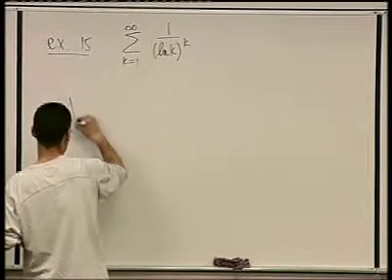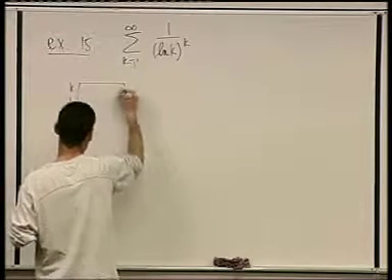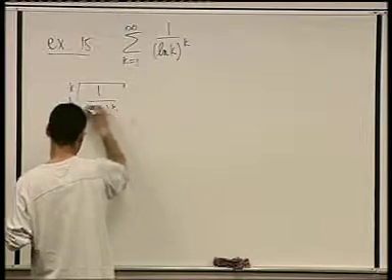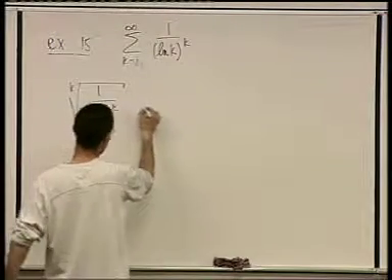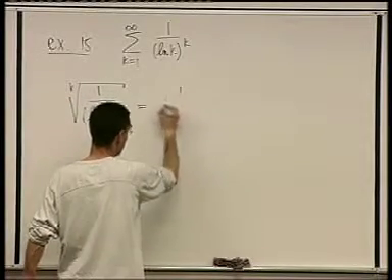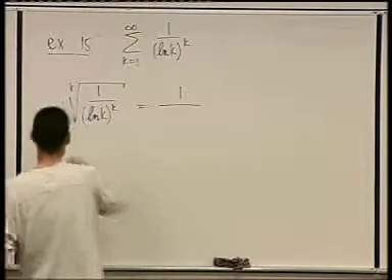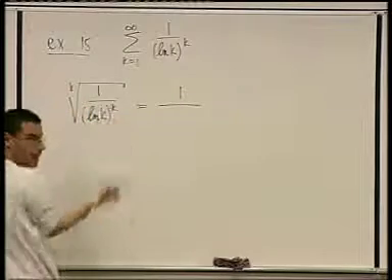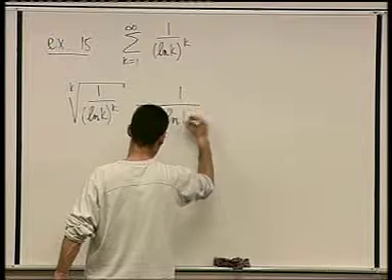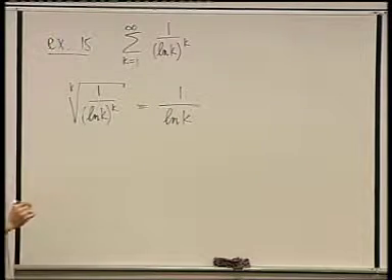So the kth root of 1 over ln of k to the power k equals the kth root of 1, which is 1, over the kth root of blah to the k. That's just blah, which happens to be ln of k in this context.